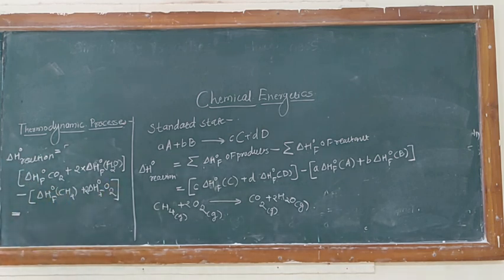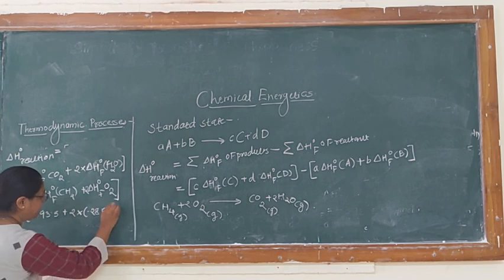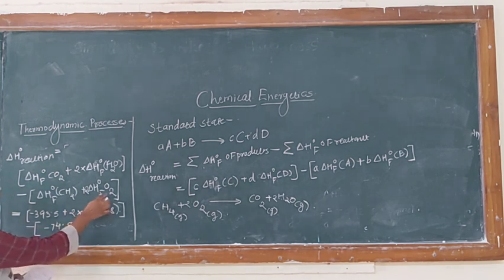So the values for this are minus 393.5 plus 2 into the standard enthalpy of formation for water, minus 285.8, minus the enthalpy of formation of methane, minus 74.9, plus now oxygen.